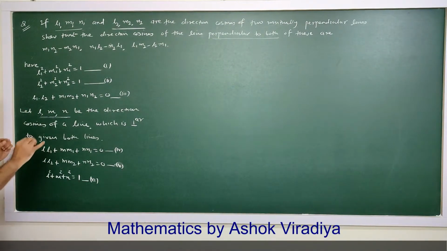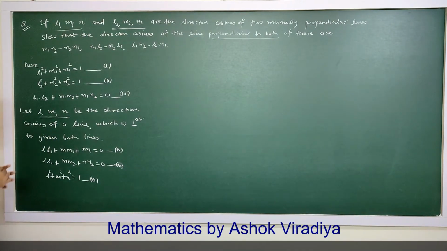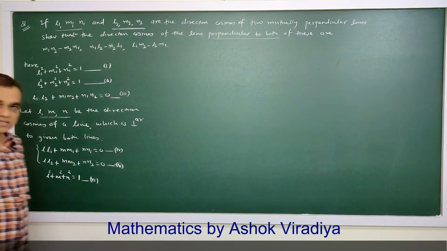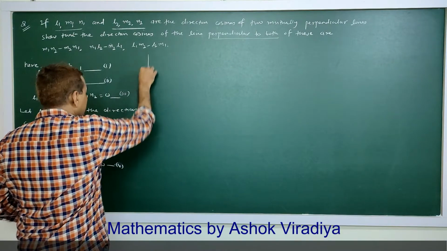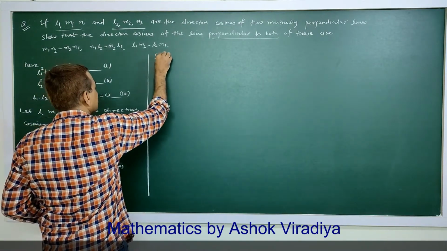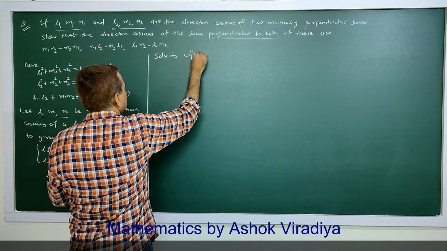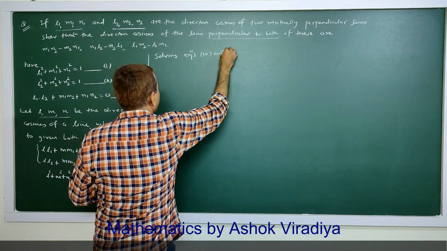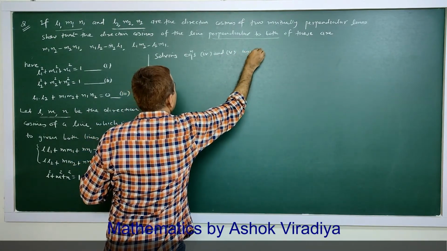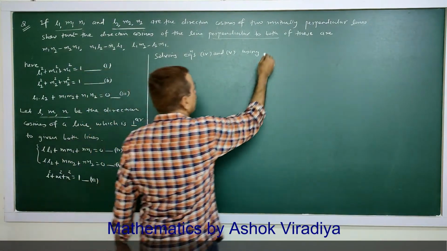Now we want to find the value of L, M, N. To find L, M, N, we solve equations 4 and 5 by the cross multiplication method.